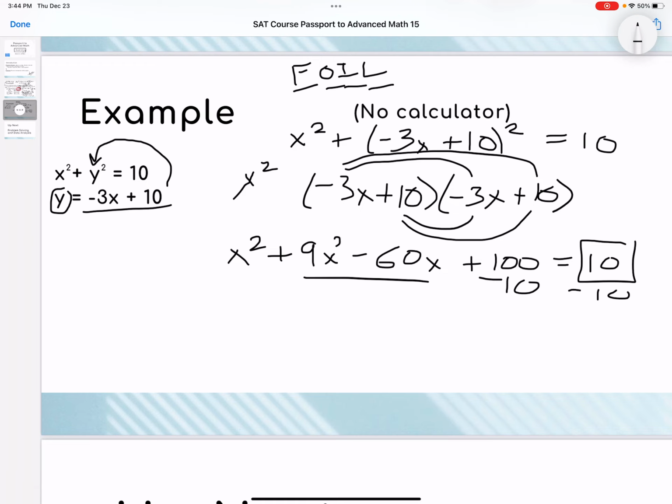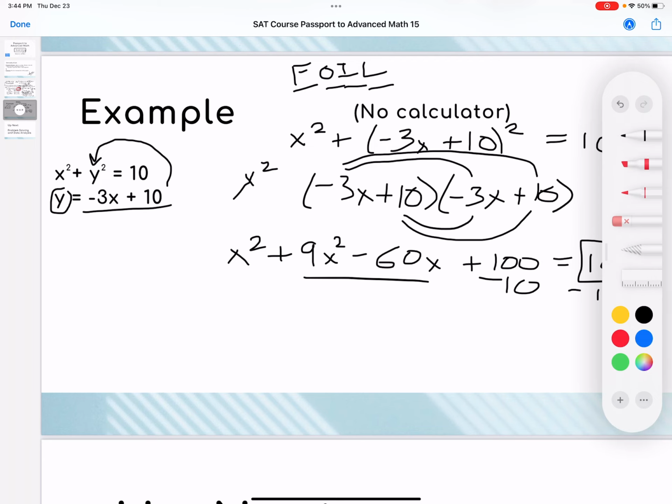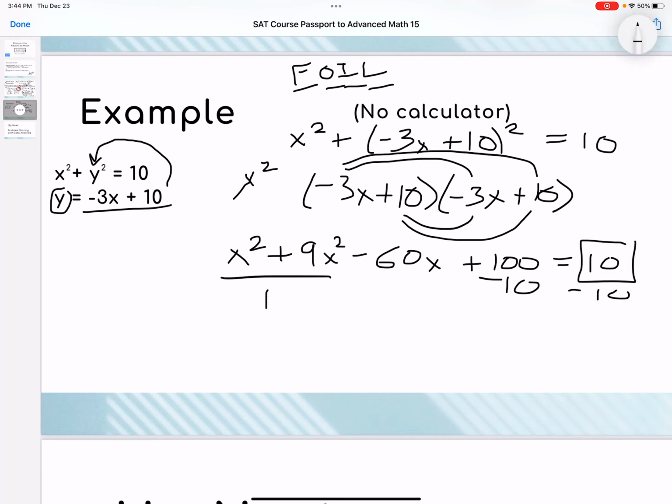Oop, and that should actually be 9x squared. Excuse me. So x squared and 9x squared will combine because they are like terms, and they'll combine into 10x squared minus 60x plus 90 is equal to now 0.